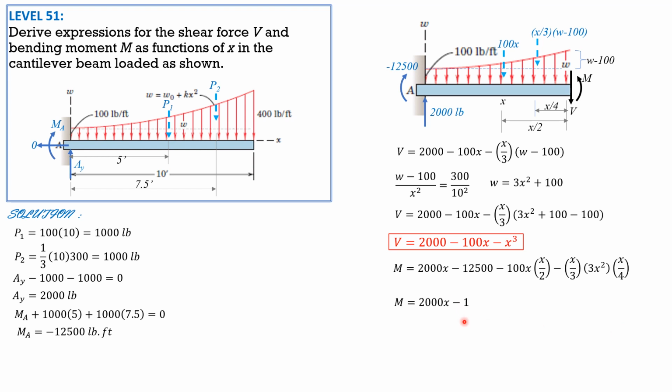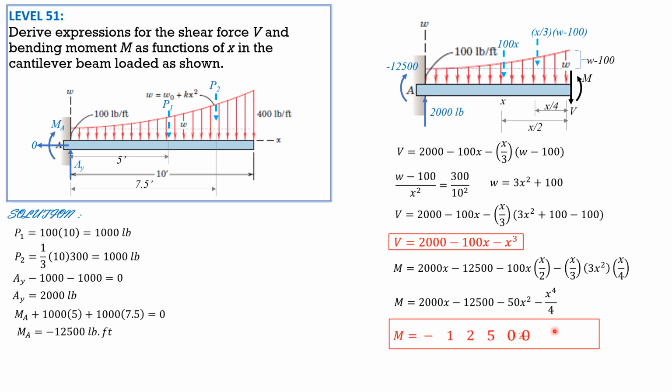Simplifying, moment is 2000x minus 12,500 minus 50x squared minus x to the 4th over 4. So the moment equation rearranging is negative 12,500 plus 2000x minus 50x squared minus 1/4 of x to the 4th. So that's it for this level 51 problem.